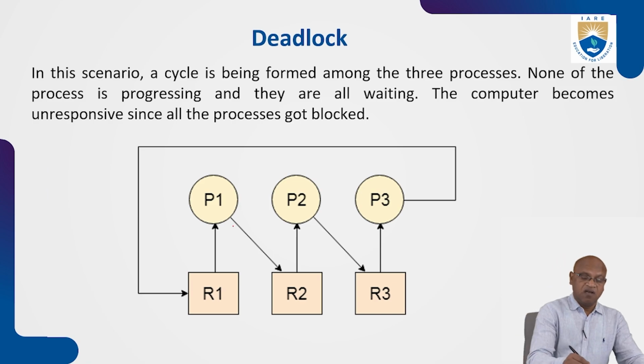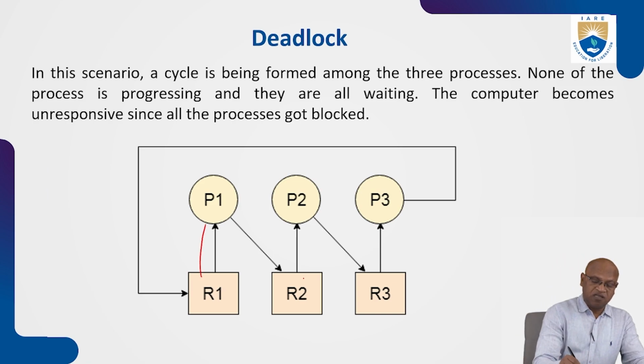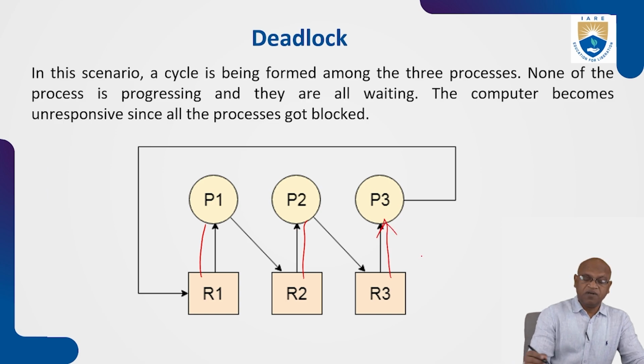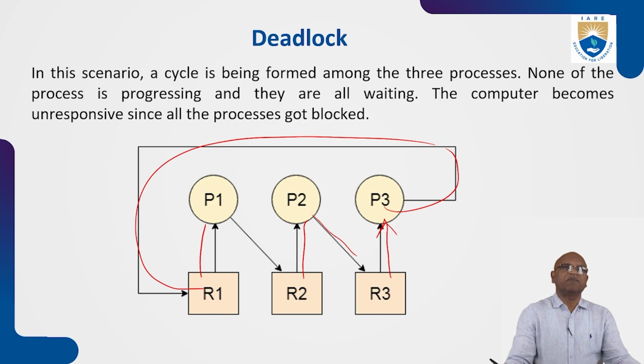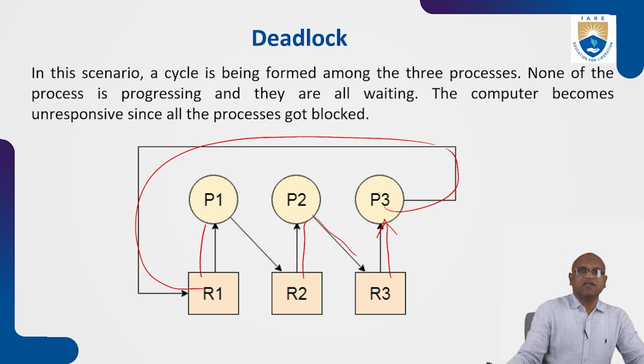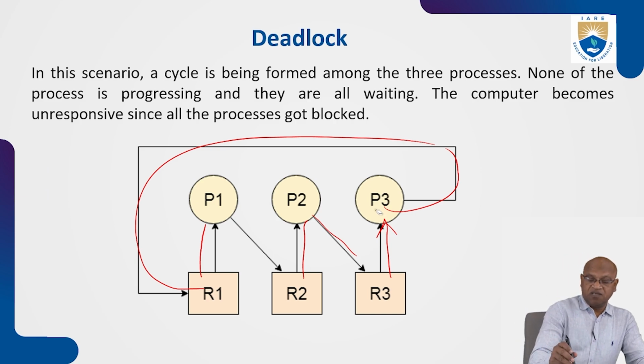We look at it again. R1 is allotted to P1, R2 is allotted to P2, R3 is allotted to P3. But P1 is requesting R2, P2 is requesting R3, and P3 is requesting R1. So nobody is releasing. P1 is not releasing R1, P2 is not releasing R2, P3 is not releasing R3, but they are requesting other resources because for execution they require another resource also.